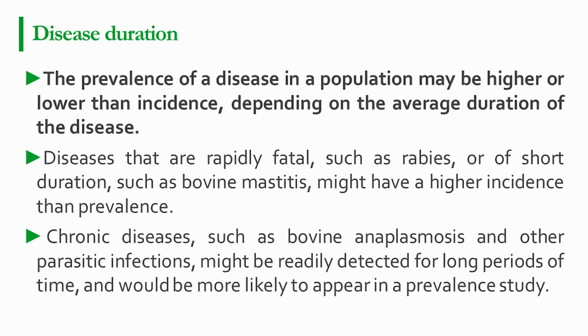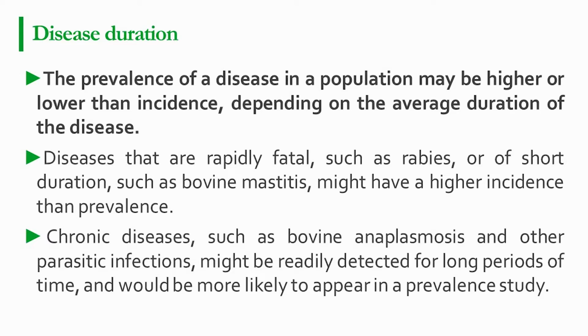And usually diseases with short duration which are usually fatal, I mean killing very fast, like rabies, let's say, might have higher incidences than prevalences, because cases do occur, but they don't last long. So if we want to check the prevalence at a point in time, we would find very few cases prevailing at the time we are checking.